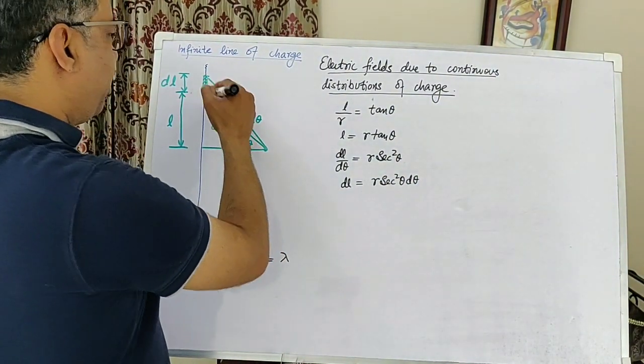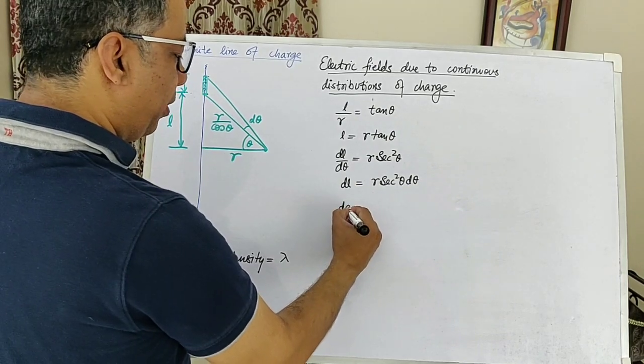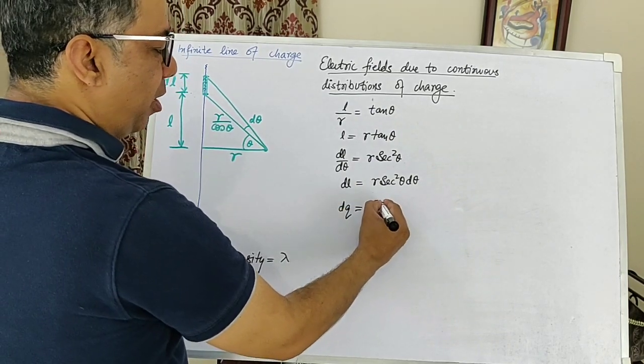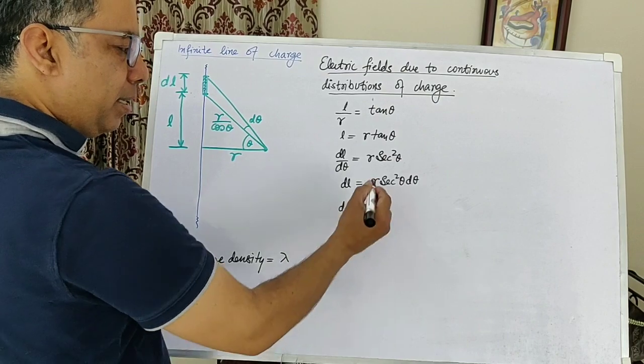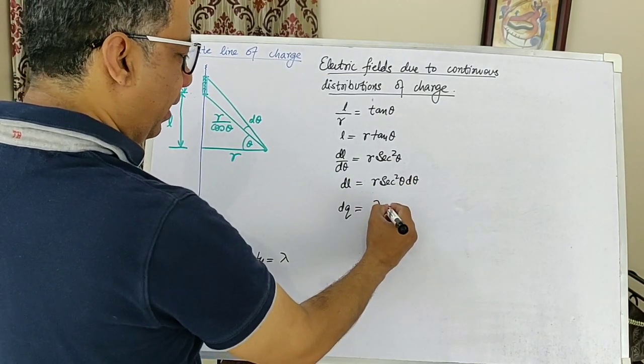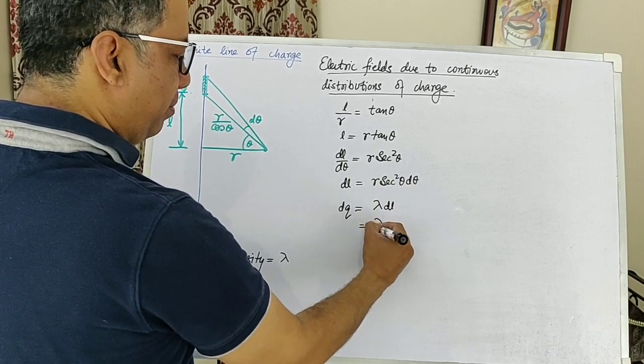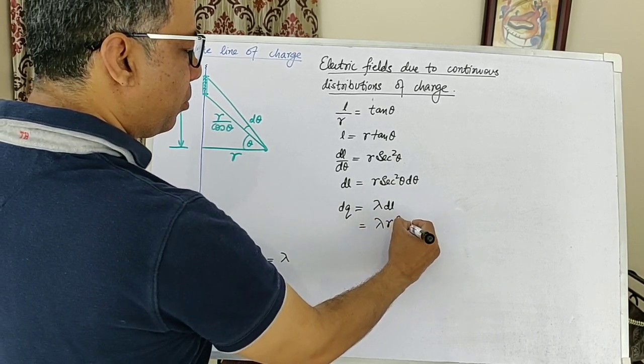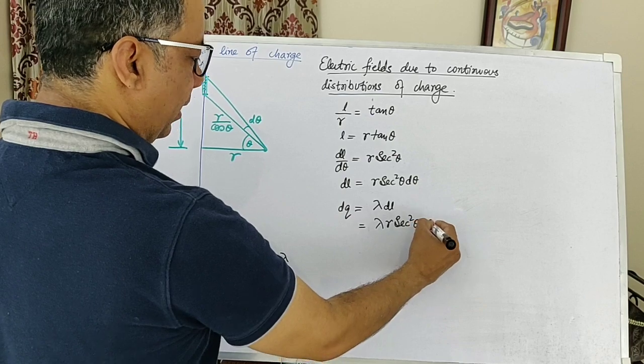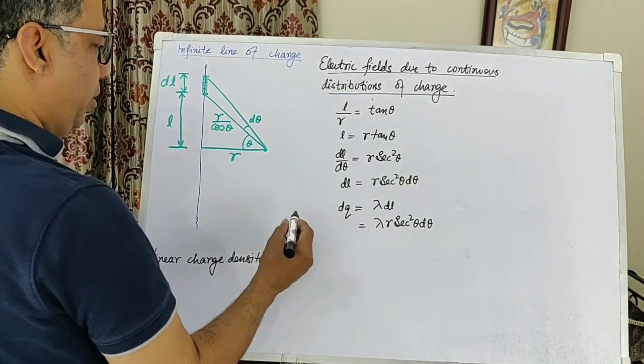The amount of charge dq on this dl would be the charge per unit length lambda times the length dl, and that of course is lambda r sec square theta d theta. So that's your dq.